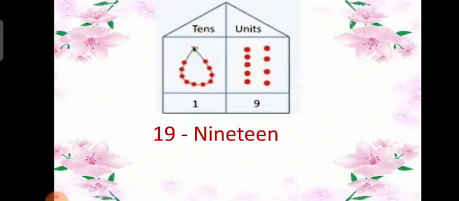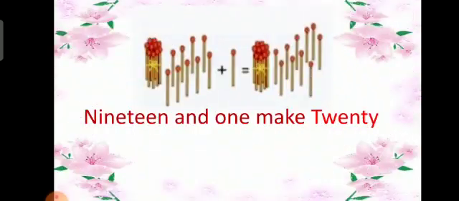In the houses of ten and units, we are going to draw one single string, means 10 beads, and 9 single beads, means 9 units. One single string means 1 ten and 9 units is equal to 19. What is the spelling of 19? NINETEEN. 19.